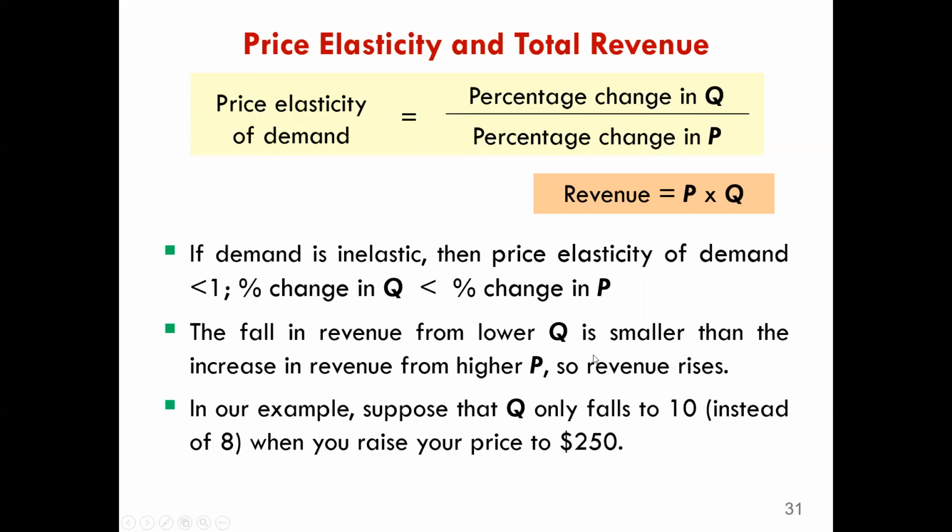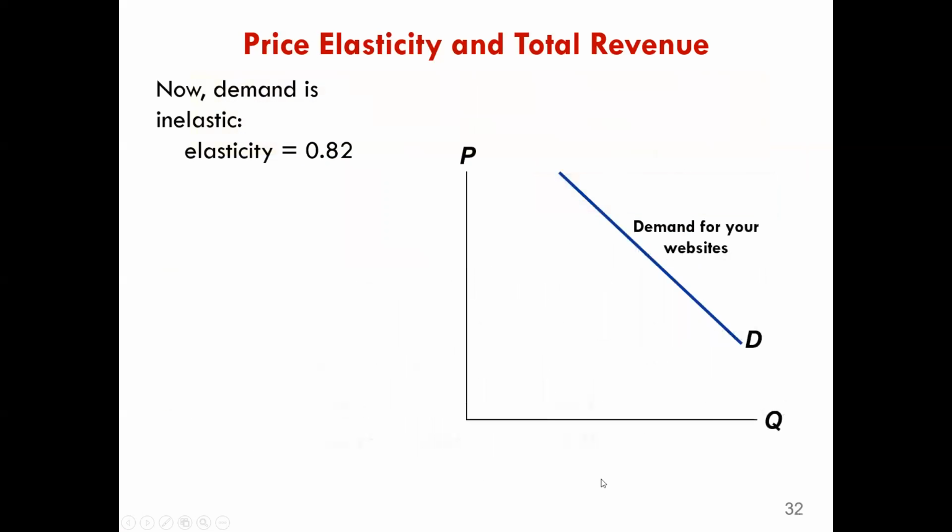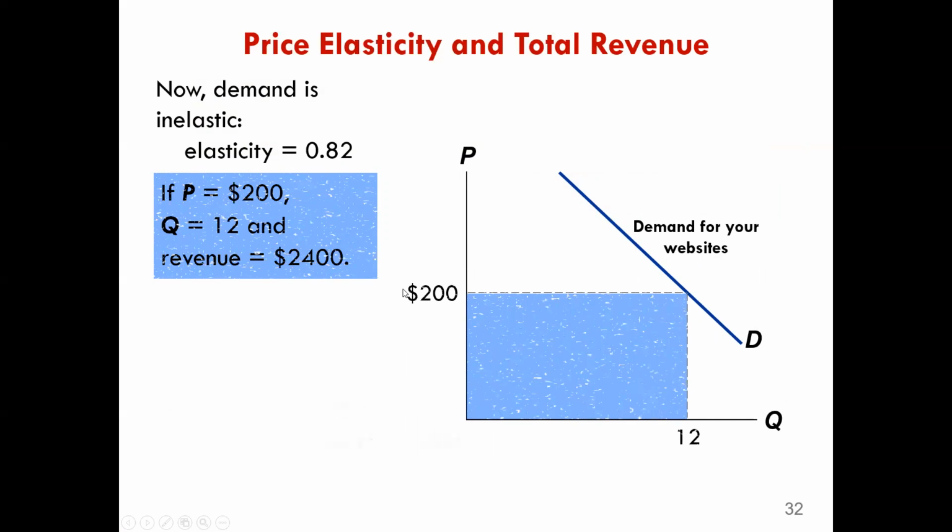So in our example, suppose that quantity only falls to 10 instead of 8 when the website designer raises his price to $250. Now let's see the effect on this diagram. So we'll see that at the price of $200, the quantity demanded is 12.